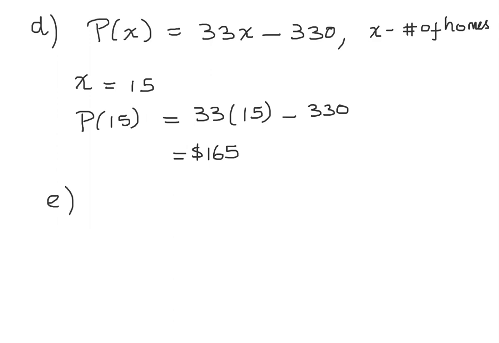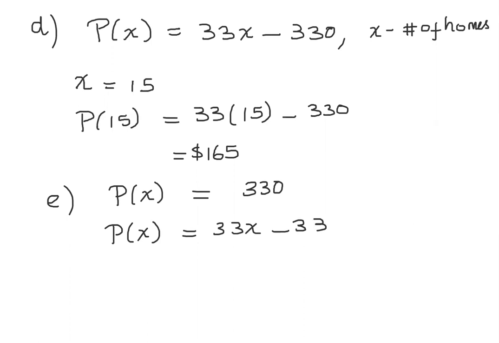The last one, how many homes must Lena power wash to make $330? That means P of x is given as 330. So we have to find x. So P of x is 33x minus 330. So plug in P of x equal to 330 and get the x by itself.